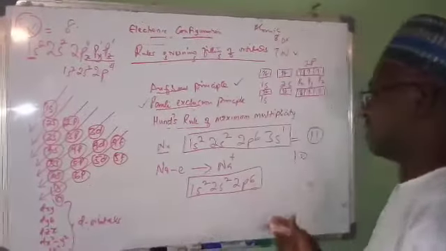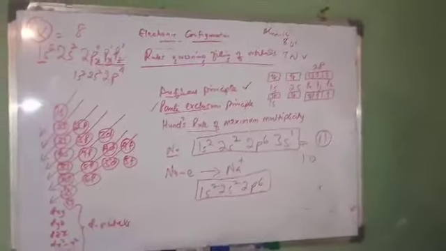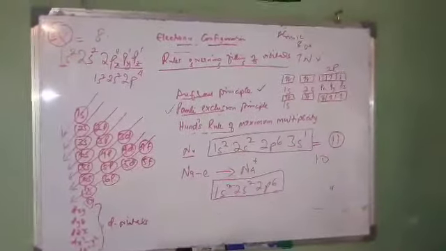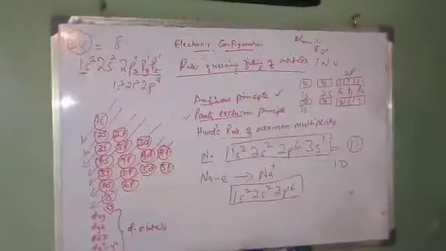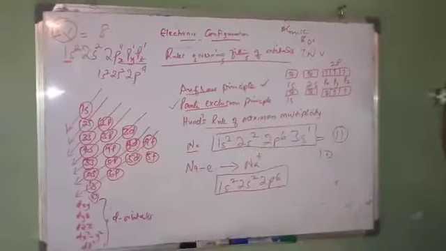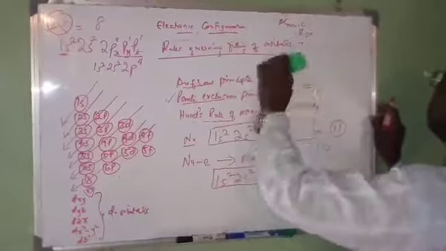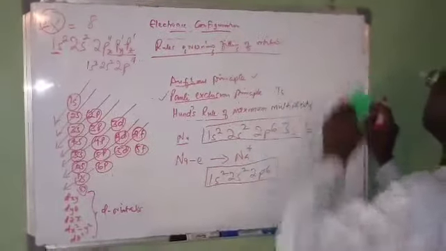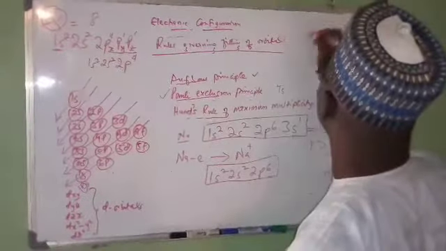That is that. And at the same time, we can also look at chlorine and the chlorine ion. The atomic number of chlorine is 17.